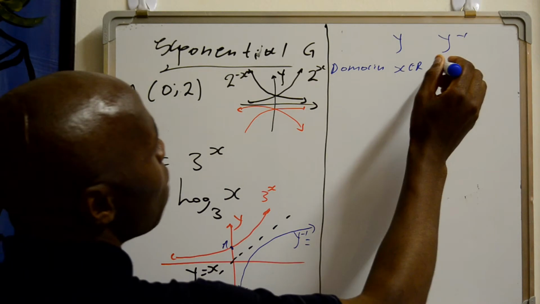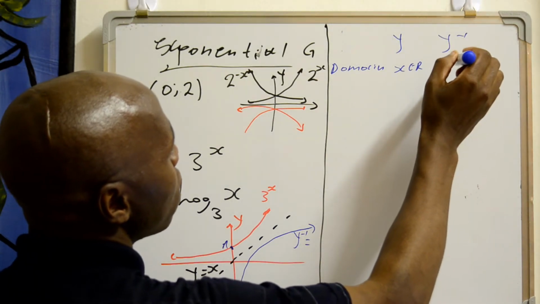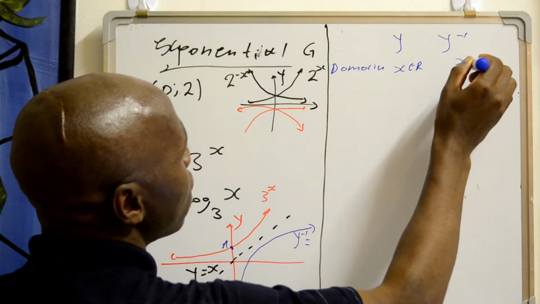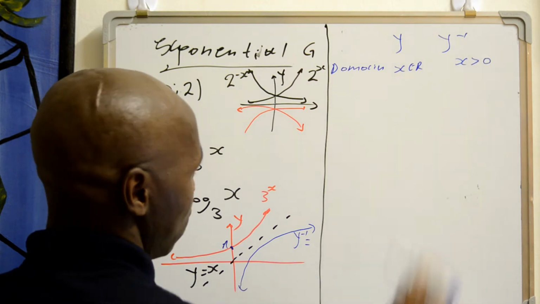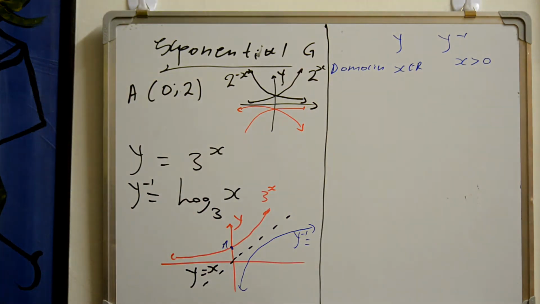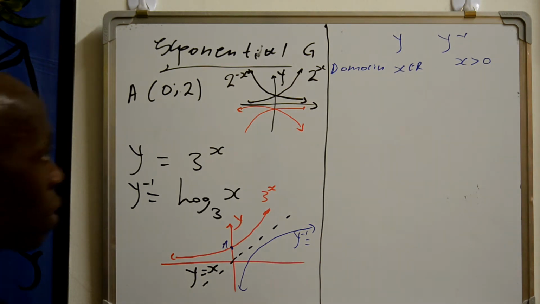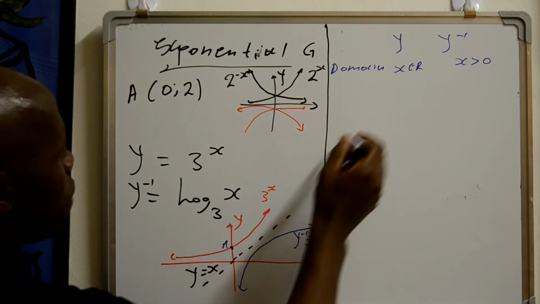So i-domain yalapha ku-y prime kwi-inverse izoba ngu-x greater than 0. Ungafaka equal ke pha because this y variable i-actor as asymptote. So ungafaka equal pha.